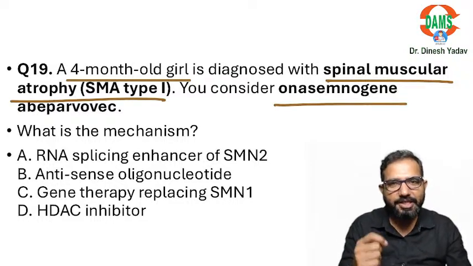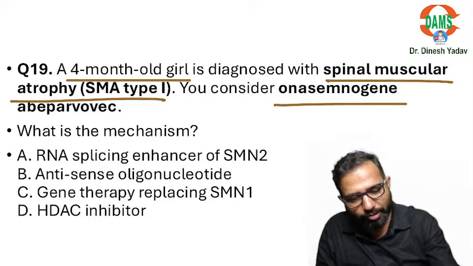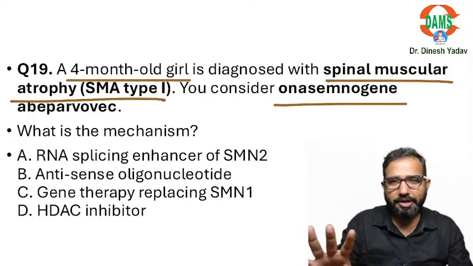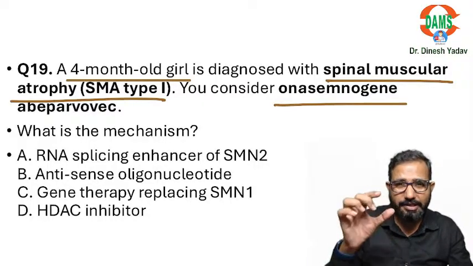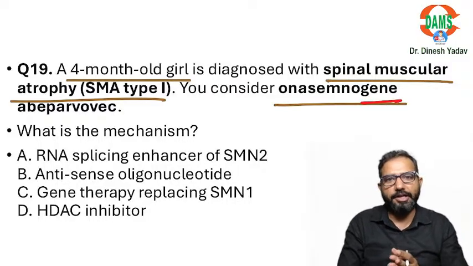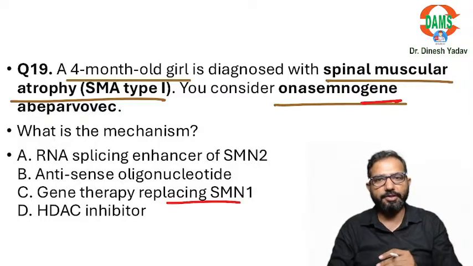So it is a gene therapy, yes, in the name only. If you see some new questions, don't ignore the question, just see the name and you will find something. The gene is for replacing SMN1.